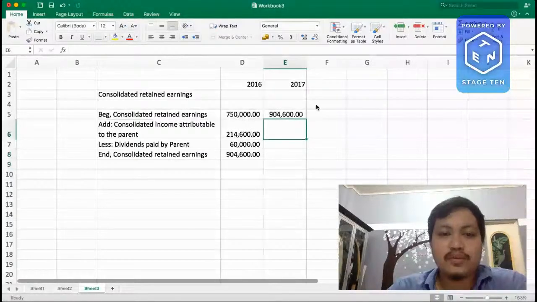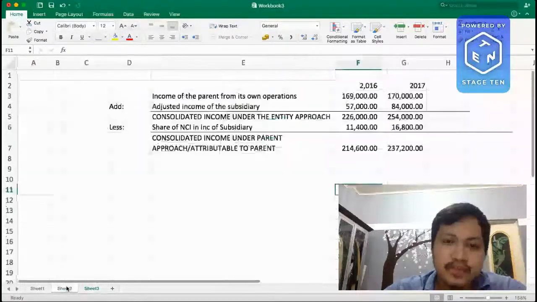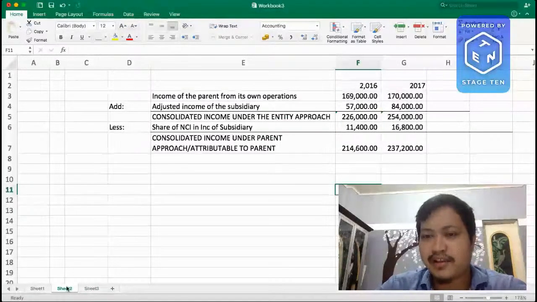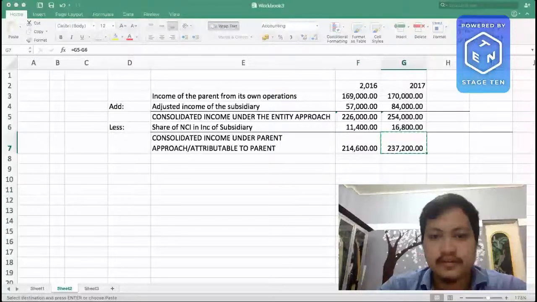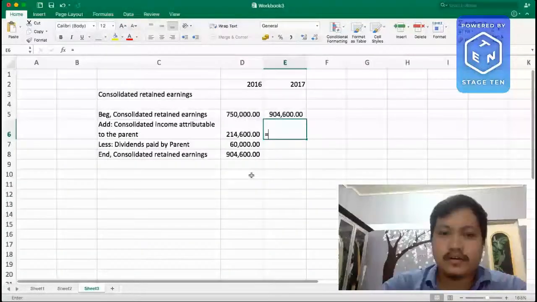So all you have got to do is to add the consolidated income attributable to the parent. And as what we have solved earlier, the consolidated income attributable to the parent in 2017 is 237,200. Okay, 237,200.